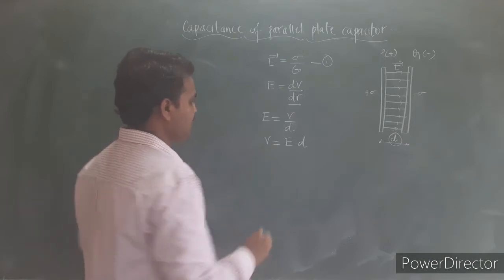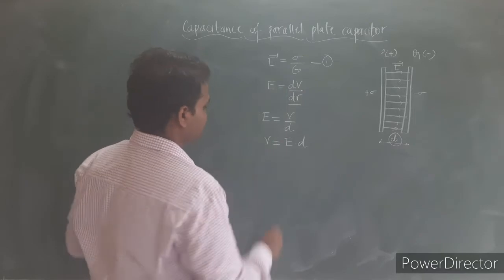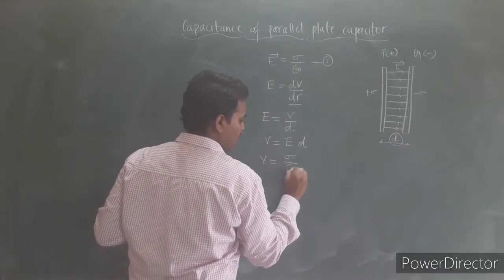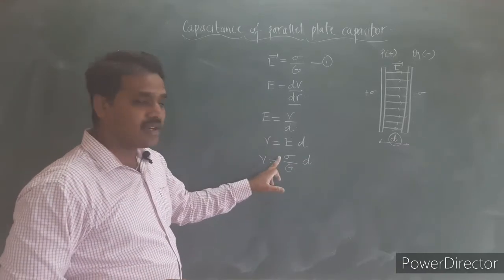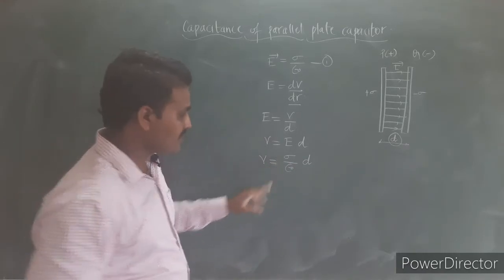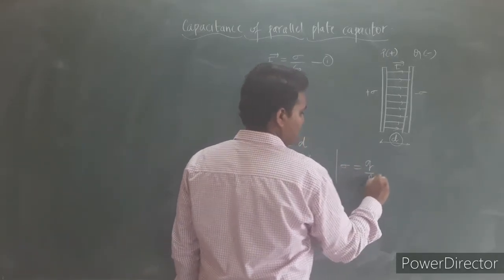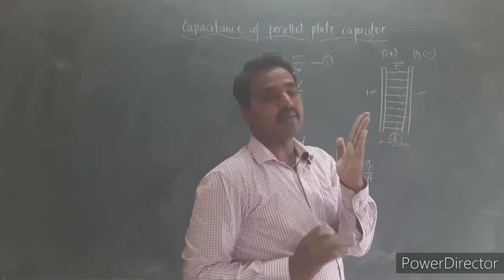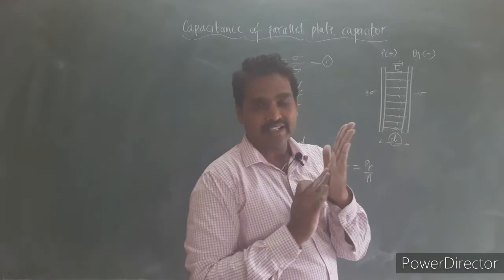Then here I can write E as sigma divided by epsilon naught. I can write V is equal to sigma divided by epsilon naught into d. And by the definition of surface charge density, sigma is equal to Q divided by A, where A is the surface area of the parallel plates, the area of the rectangular plates.